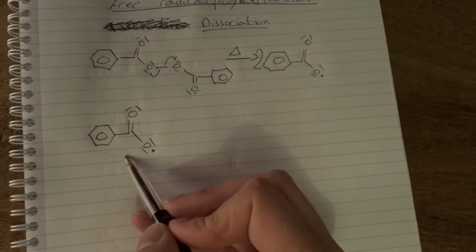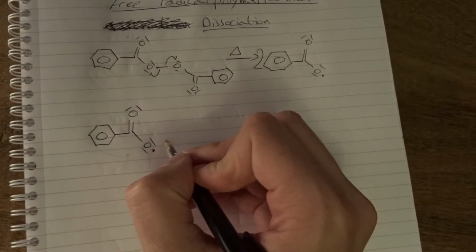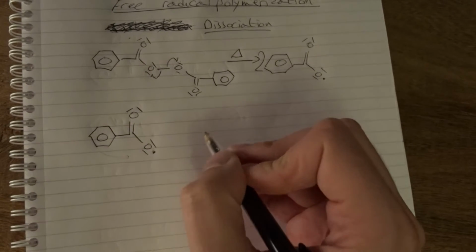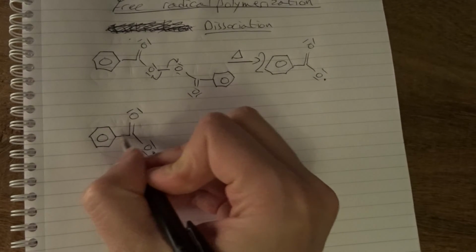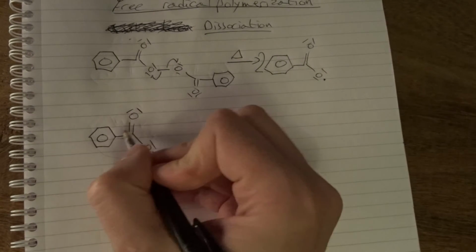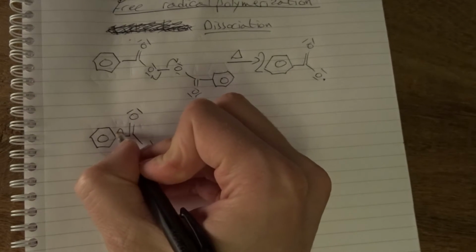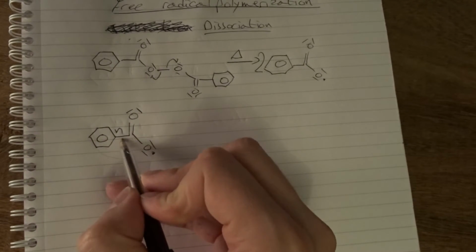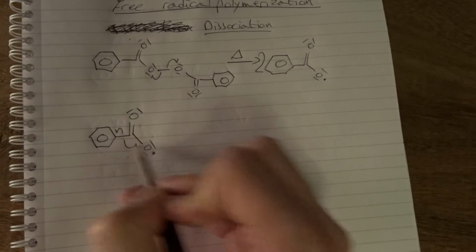In this example it takes another step to yield the radical, and here this bond is very weak. It can undergo decarboxylation, and here this bond is broken, so here a new radical will form.